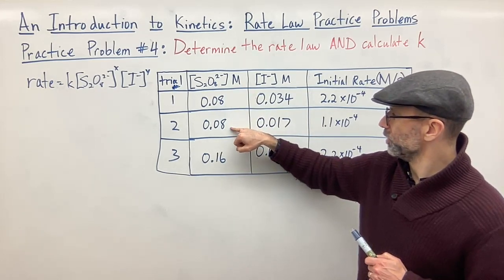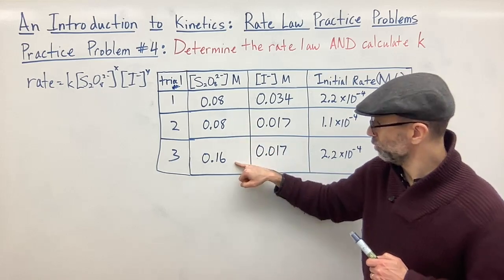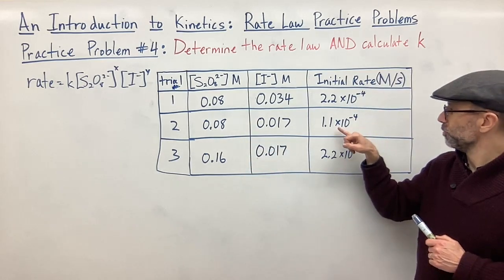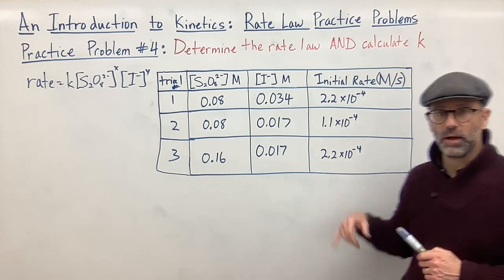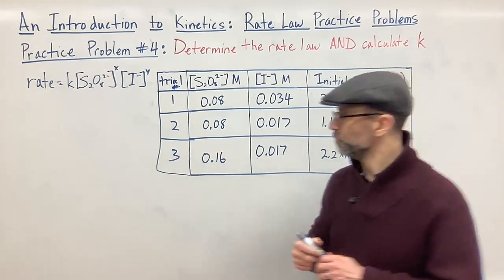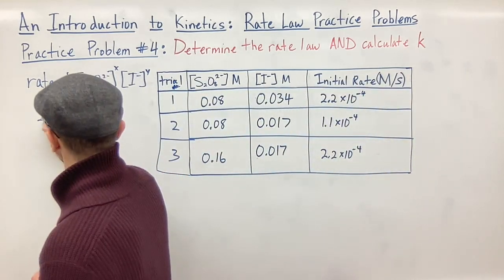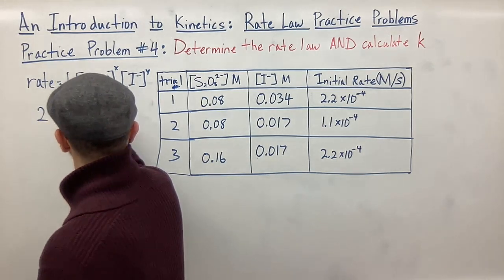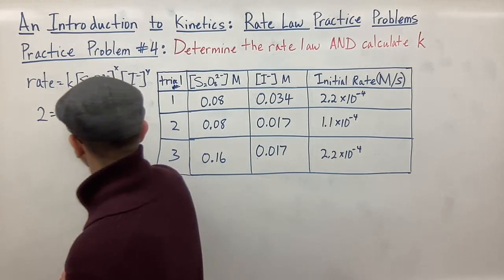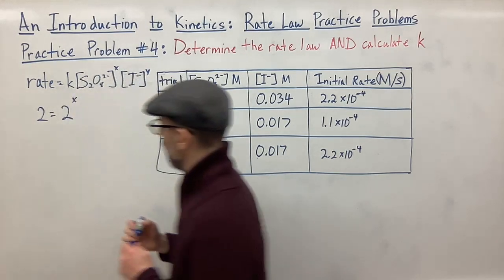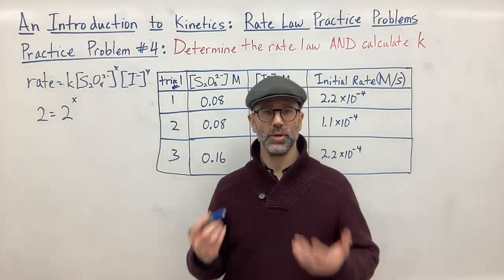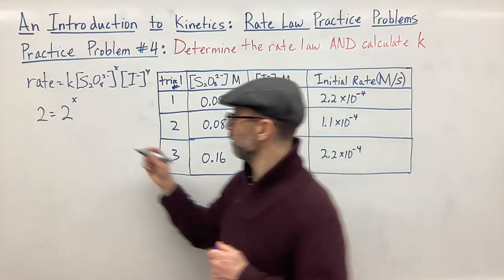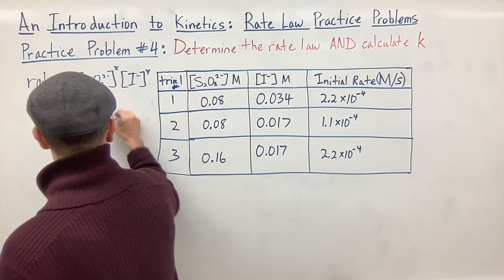You go from 0.08 to 0.16, that doubles. And going from this rate to this rate, that doubles as well. So they're both 2. If we put in a 2 for the rate, and a 2 for this S2O8 2 minus raised to the X power, dropping everything else, we get 2 equals 2 to the X. That means X is 1.